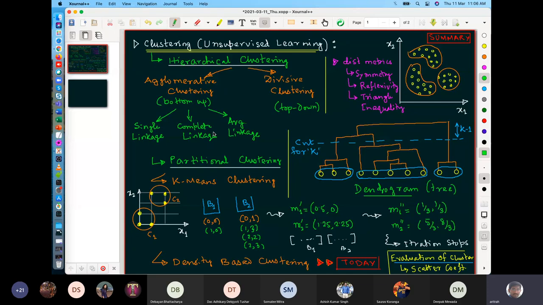So that's why people also try partitional clustering, of which k-means clustering is the most widely used. We have seen an algorithm for k-means, where we start with a predefined k number of clusters into which we want to divide the points.